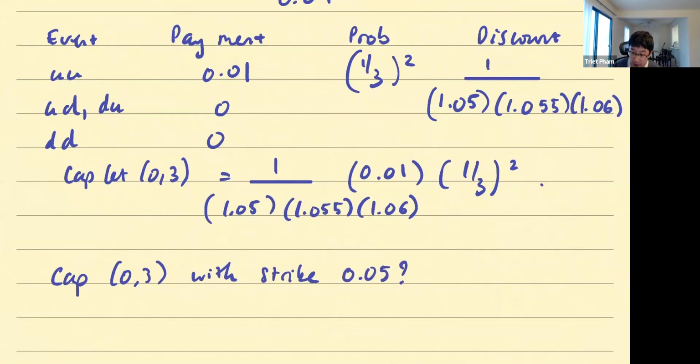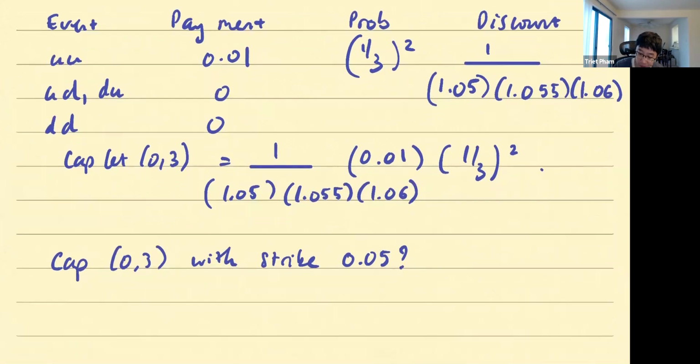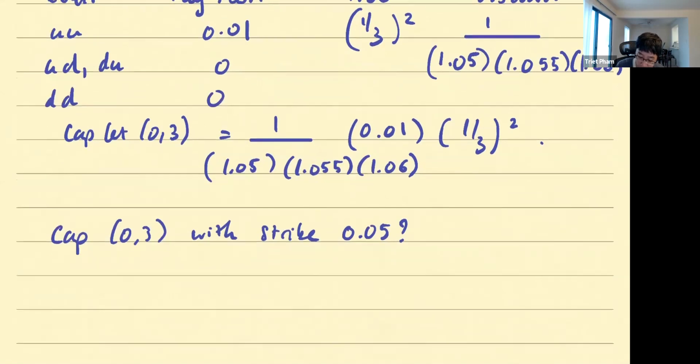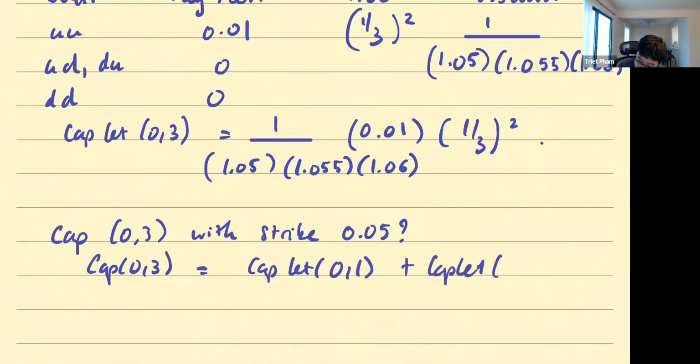I think you can just go with the definition, but it's kind of complicated. It's best to separate this cap into caplet 0.1 plus caplet 0.2 plus caplet 0.3. So this question asks us to price 3 caplets.